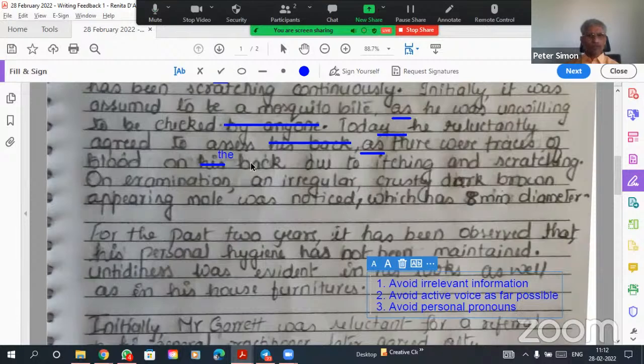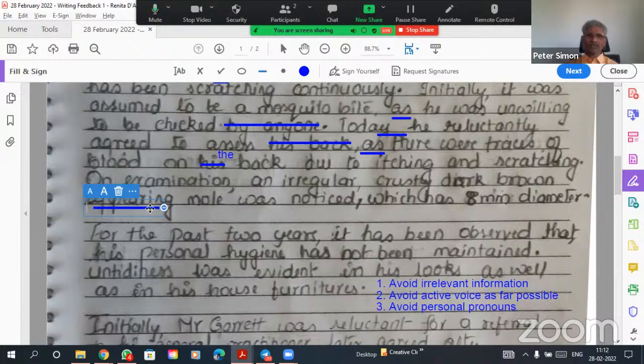So, back due to itching and scratching, on examination, very good, comma, an irregular crusty dark brown appearing mole was noticed. Mole was noticed because it appeared, that's why you noticed.